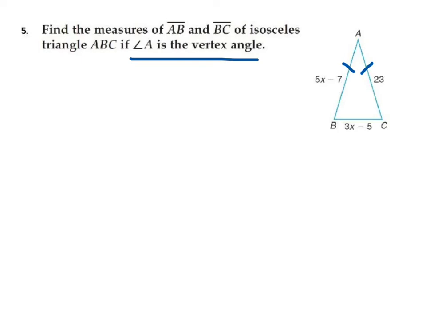Now, we can set up an equation to find the value of X, and then, of course, answer the question. They want us to find AB and BC. So let's start off with writing an equation. We know that since AB is congruent to AC, that means that 5x minus 7 is equal to 23. And let's go through our steps for solving for x in an equation.